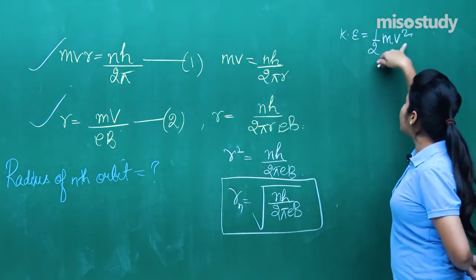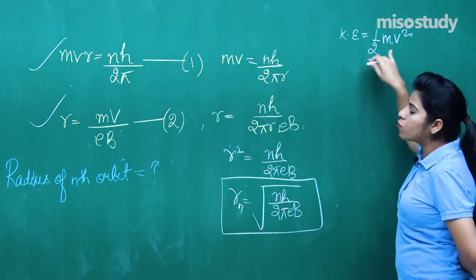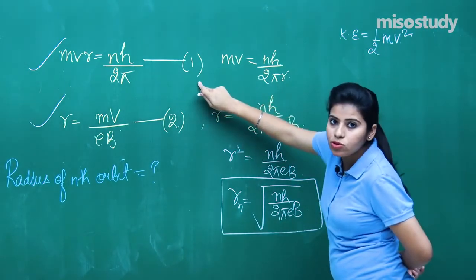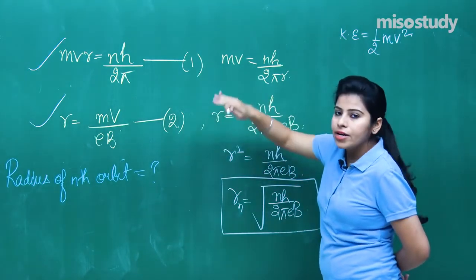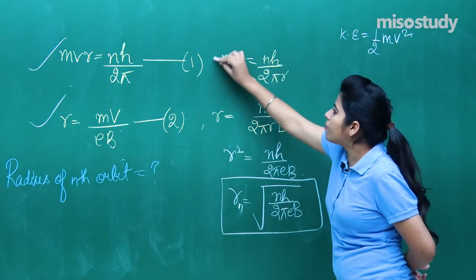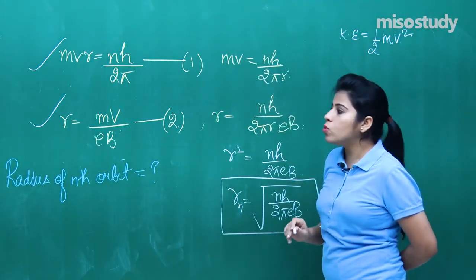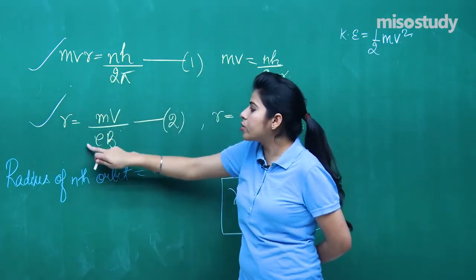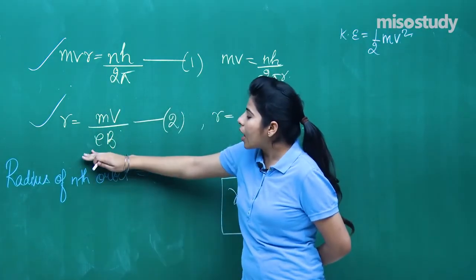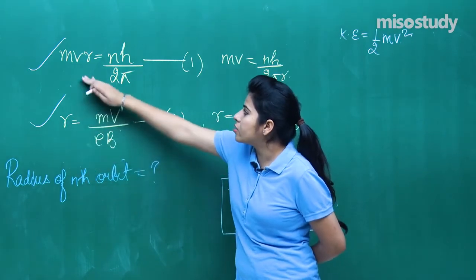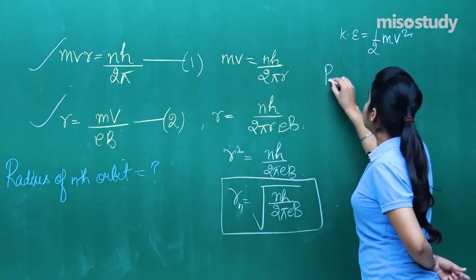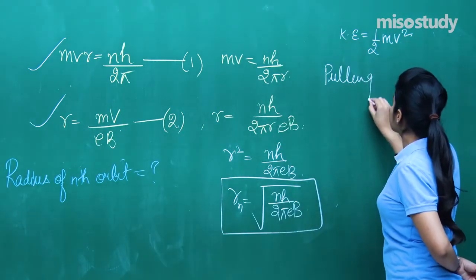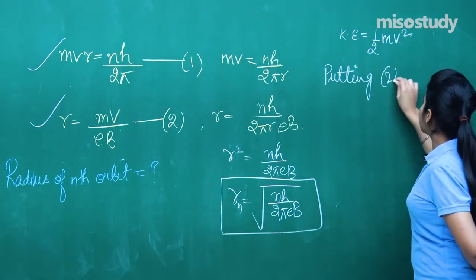To find the velocity, I will again use these two equations. Earlier I found the value of mv. Now I can directly put this r into this equation, putting 2 into 1.